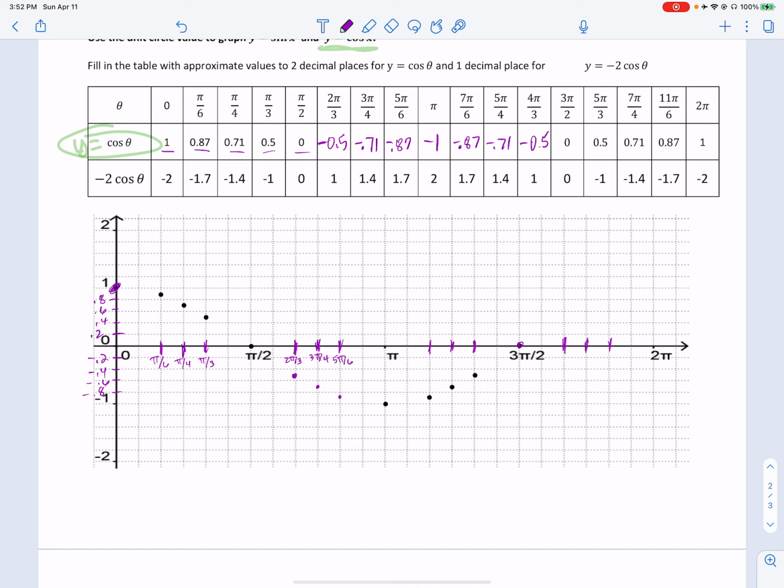And then it's 0 at 3 pi halves, and then we are at 5 pi thirds, and then 7 pi fourths, and 11 pi 6. And at 5 pi thirds, you're at 0.5. At 7 pi fourths, you're at that 0.71. And at 11 pi 6, you're at that 0.87. And at 2 pi, you're up at, oops, not quite, you're up at 1.